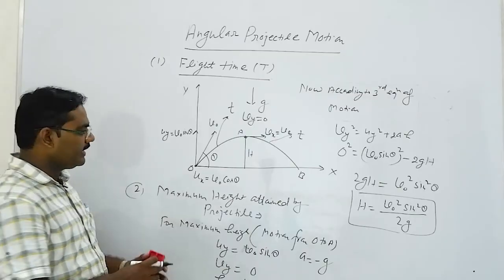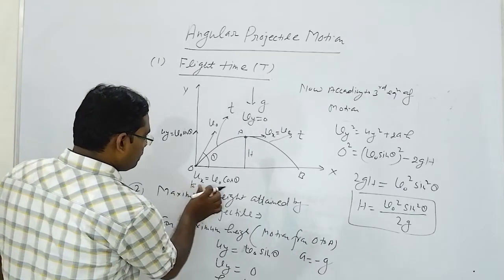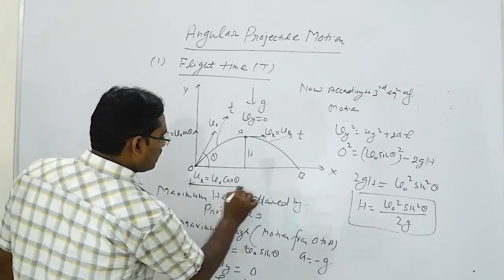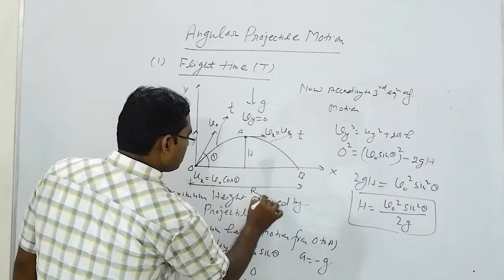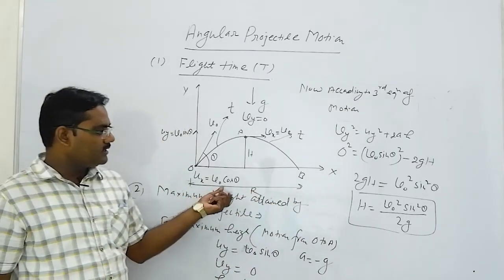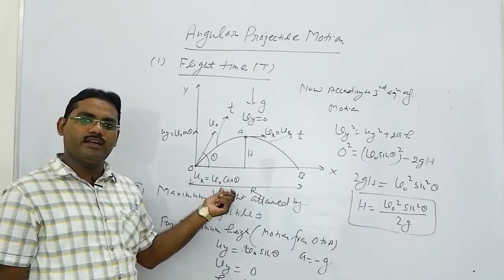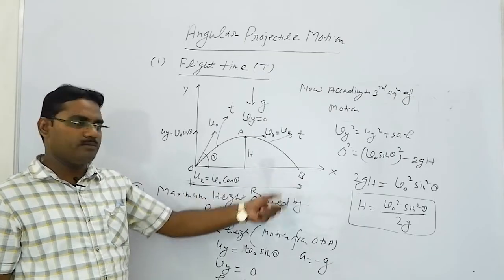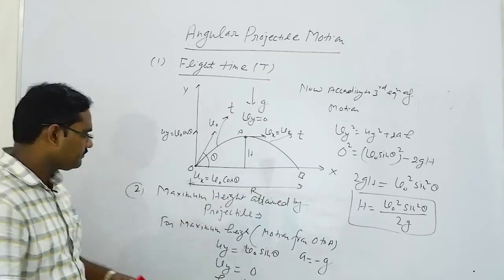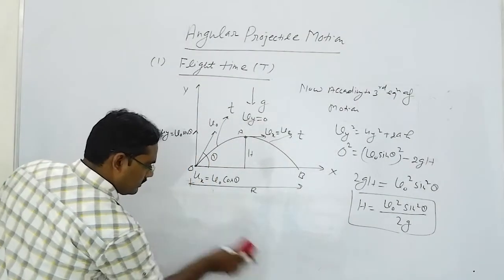Now the third one is the range of projectile. This is the range. That means the linear distance traveled along the x-axis, that means horizontal motion.